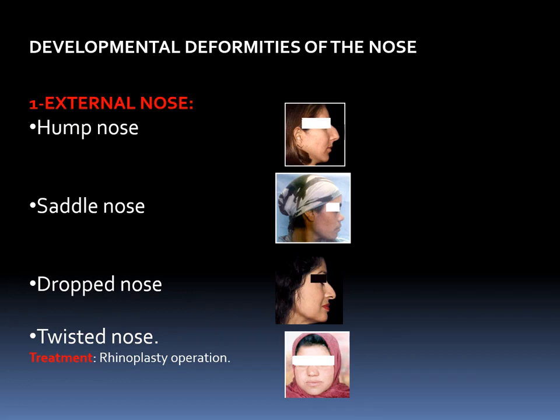Some people call it a Roman nose. Saddle nose, which is the opposite, a depressed nose. Dropped nose, as you can see in the third figure, and twisted nose. Twisted nose is like the nose going to the right or to the left, it's not in the midline.